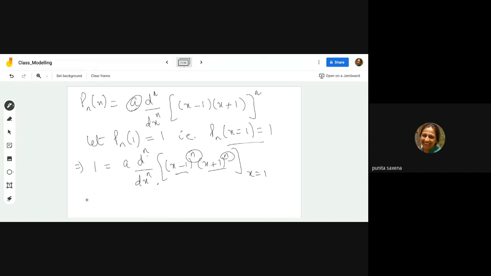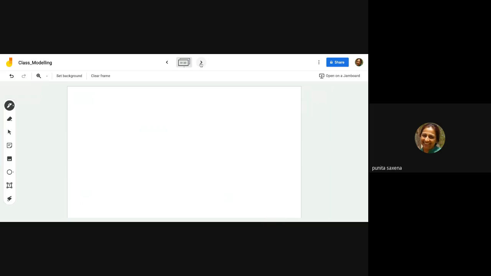Okay, so basically, since the space is left, I am moving on. So basically here, your left-hand side is still 1, which is equal to a into, now it's like I can take any term as u and any term as v. So I'll take x minus 1 to the power n as u. What is the first term?